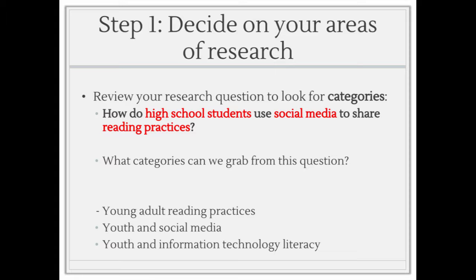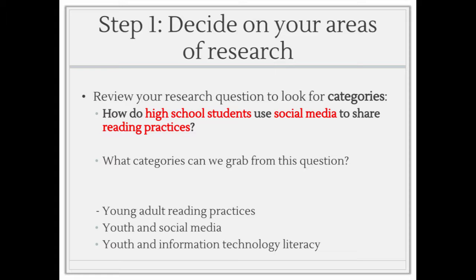So here's an example of a research question. How do high school students use social media to share their reading practices? What categories can we grab from this question? We want to know about high school students or young adult reading practices, contemporary, so we want to look to up-to-date literature. We want to know what's out there and already written about young adult reading practices.